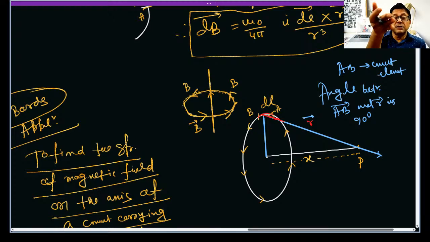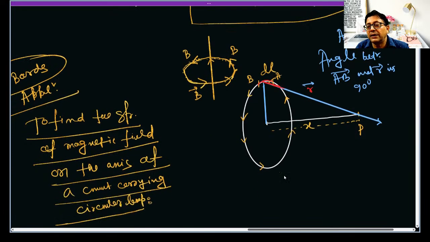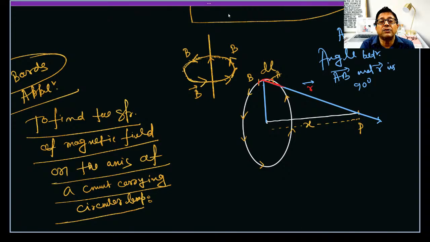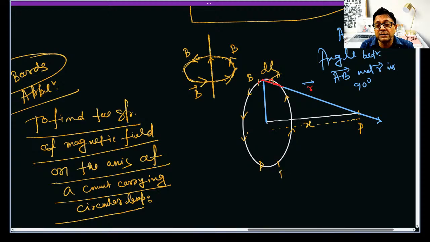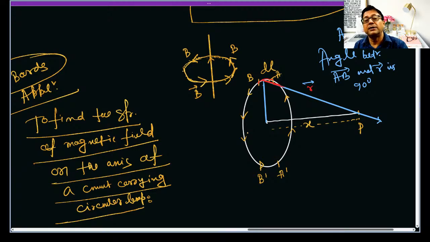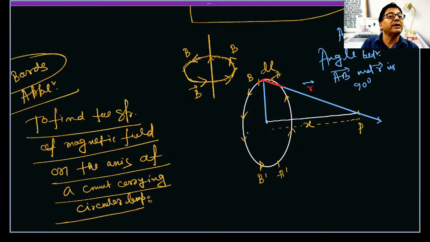We imagine that it is divided into an infinite number of small parts. AB is a current element and there is a symmetrically opposite current element also. This is the symmetrically opposite current element. You can recognize the way you did in electrostatics for a circular charged wire.